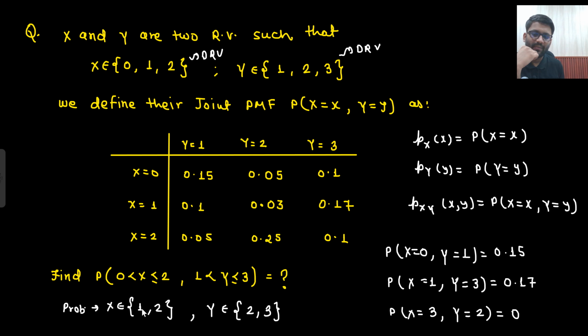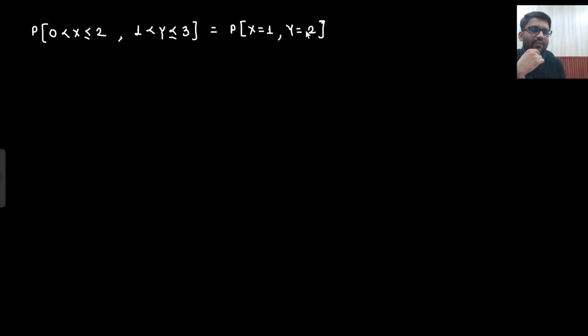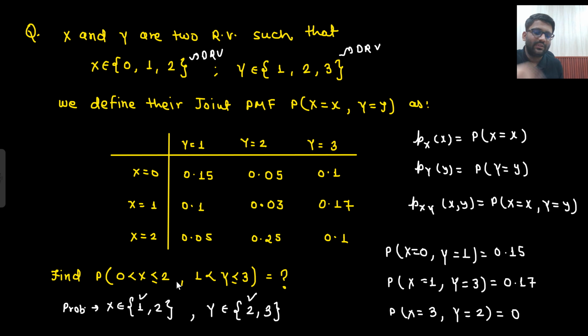Or random variable X is taking value 2 and Y is also taking value 2. Basically I will take the cases 1,2; 1,3; 2,2; 2,3. What I mean is that if X is taking value 1, Y can take value 2, and Y can take value 3 as well.